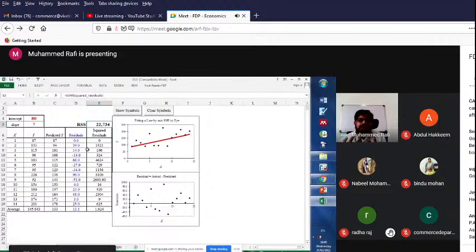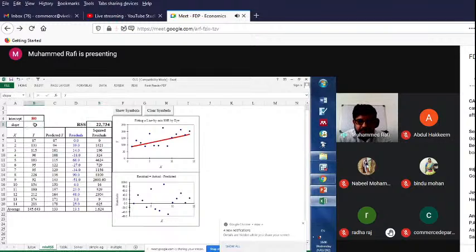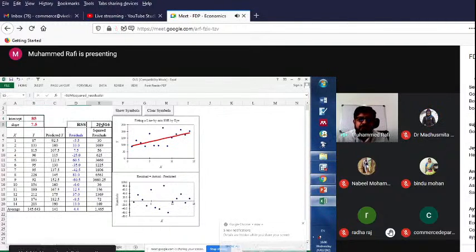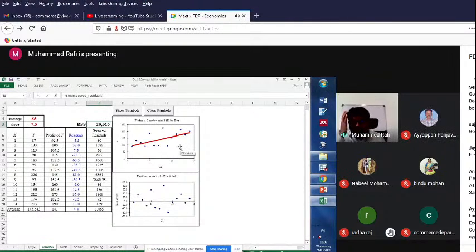Now we are actually trying to reduce the residual sum of square. Suppose let me put it as say 7.5. Now again the residual sum of square has reduced. Now let me put it as maybe 85. Now you can see that the residual sum of square is reducing as the fitted line is almost passing through the middle.